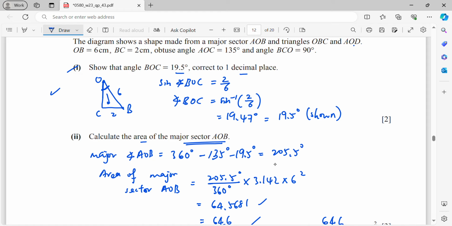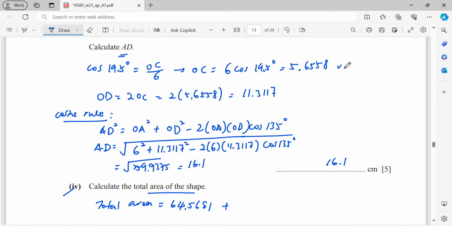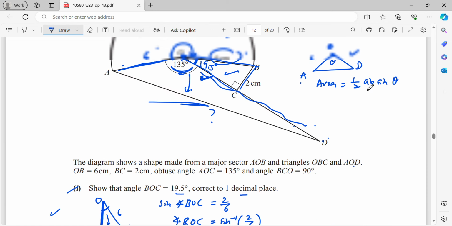It will be half of 2 times OC, base times height. The OC is found just now, 5.6558. So I will write half times 2 times 5.6558.